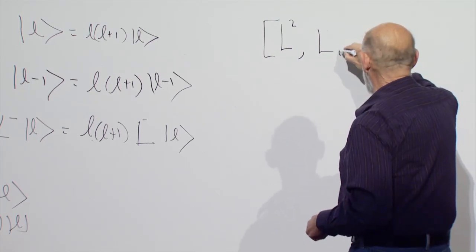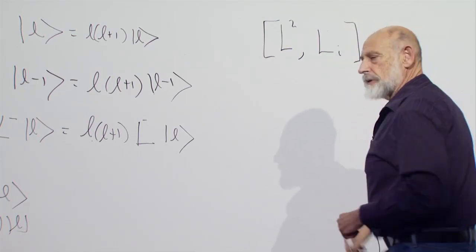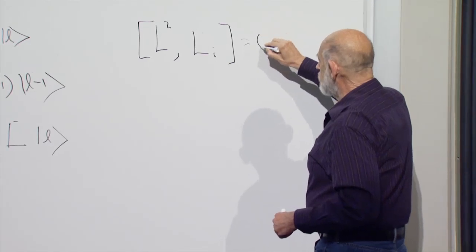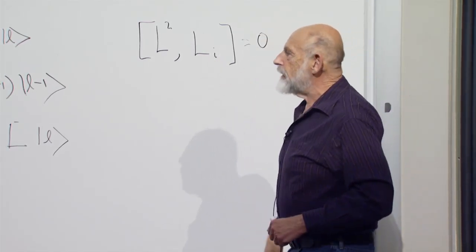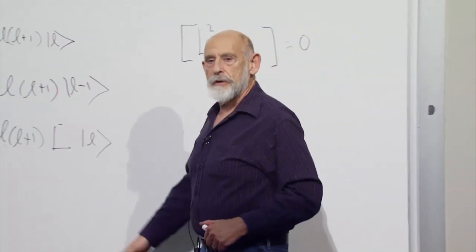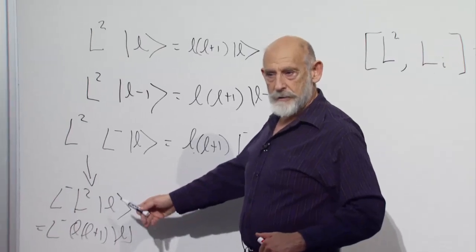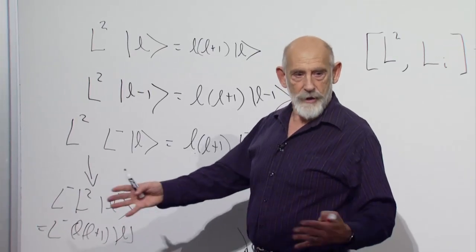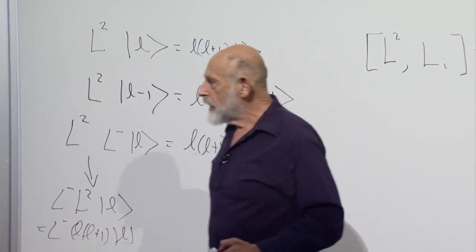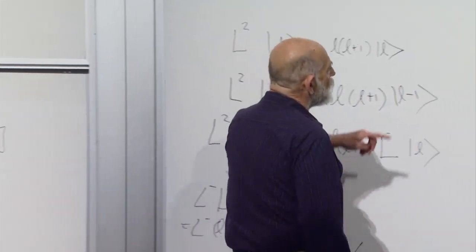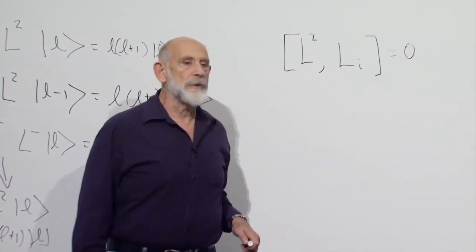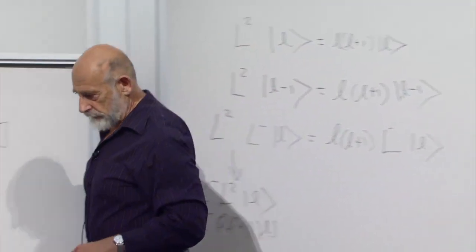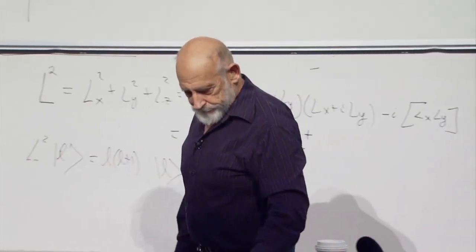Let's call it L sub i: Lx, Ly, Lz. If it commutes with any of the components, then it will certainly commute with L plus and L minus. L plus and L minus is just Lx plus or minus i Ly. So there's an exercise. Prove that L squared commutes with any one of the L's.